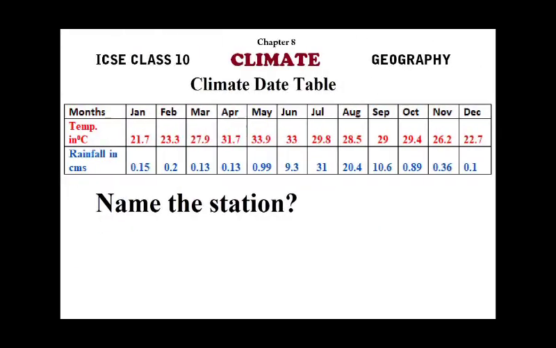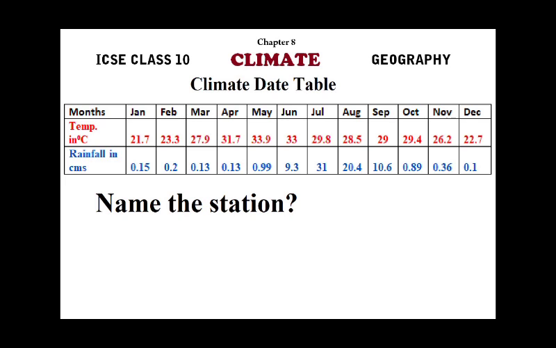So this is the data. If you see the temperature in January, even the coldest month, the temperature is 21 degrees Celsius. That means even in January, temperature 21 means the station is located in the southern part of the country. And if you see the remaining months, temperature is almost equal, 23, 27.